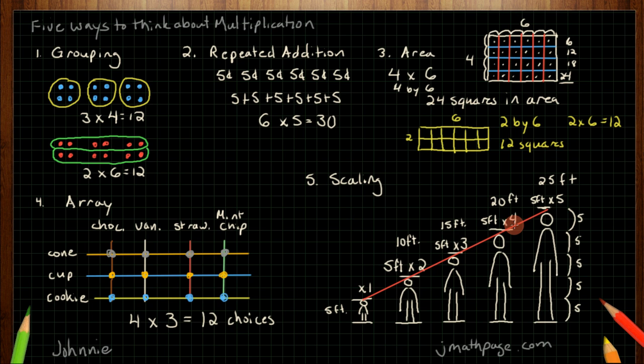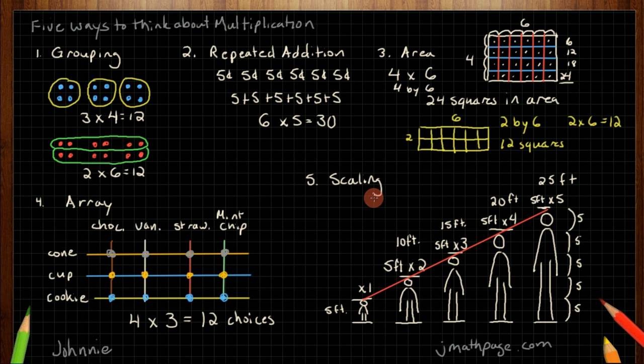Which person is that? Well, we could say half of 20, or we could also say half of 4. So instead of 5 feet times 4, we could take half of 4, right? 5 feet times 2. And that takes us to here. So this person's only half as tall as this person. And that is scaling going the other direction.